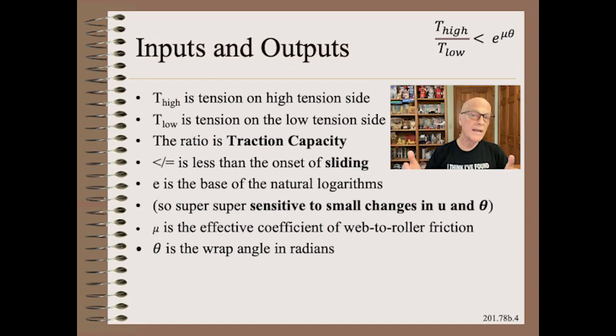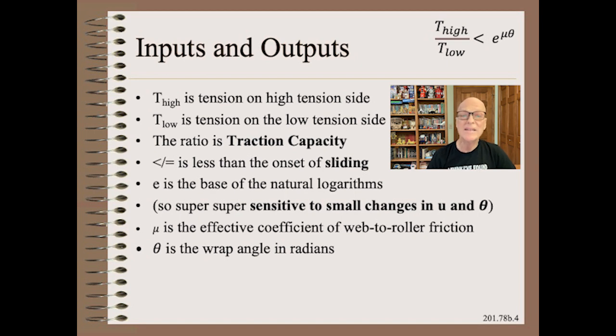The tension ratio is the high tension side divided by the low tension side, no matter which side of the rollers those are. We might call the ratio the traction capacity. It really is a measure of how much work we can do on the web or the roller. The less than symbol tells us the maximum tension ratio that can be sustained without sliding.